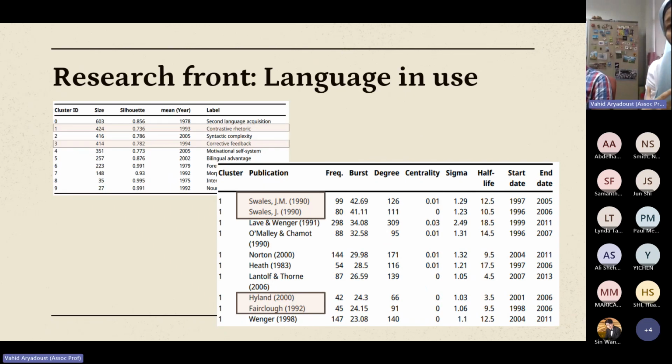So to identify research fronts, having identified the intellectual base, we can also look at the other different clusters. The mean year obviously might be one indicator, where if it's slightly later, it's less likely to be the intellectual base. Here, knowing what we know of the publications, we can see that there's a move towards the perspective of language in use, with Swales and Hyland and Flowerdew, for example.